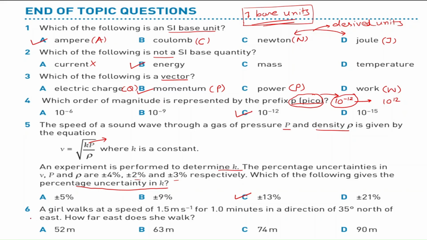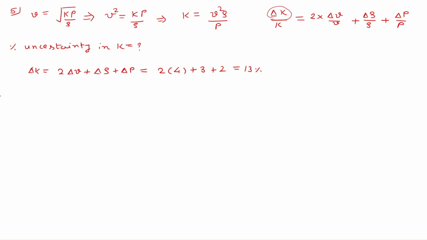Now in the sixth question, a girl walks at a speed of 1.5 meters per second for 1 minute in the direction of 35 degrees north of east. How far east does she walk? Now let me draw a diagram, then you can easily get the question. This is north, south, west, and east.